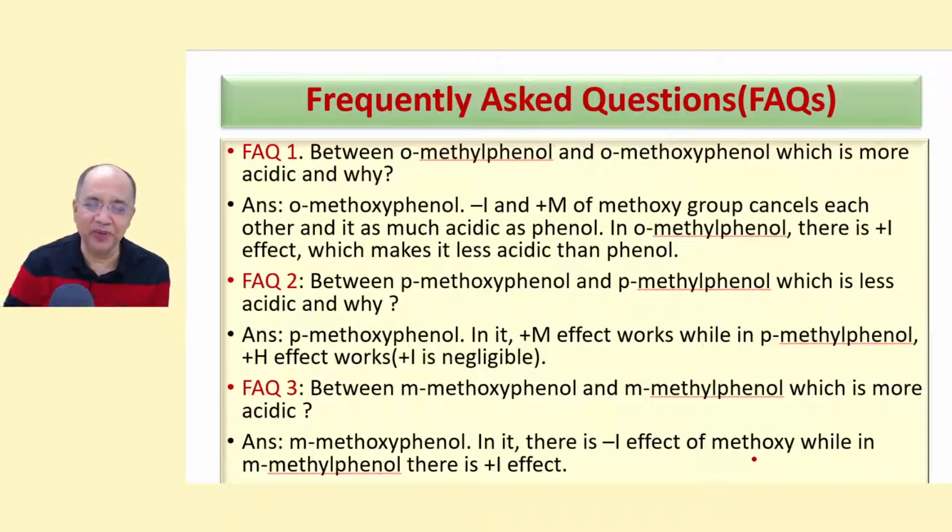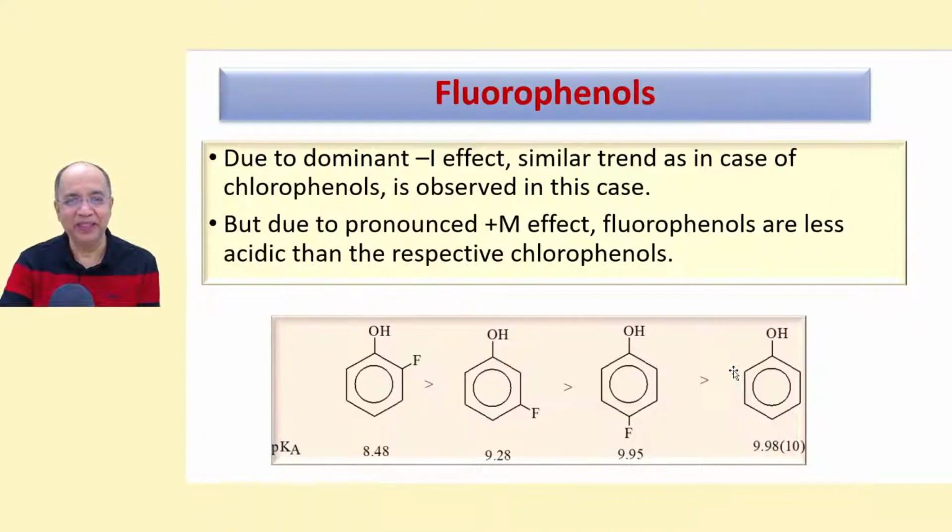So metamethoxyphenol is more acidic than metamethylphenol or metacresol. Now coming to fluorophenols, a similar trend you find. As the fluorine goes farther away from OH, the acid strength will decrease, pK will increase, and all of them are stronger than phenol.